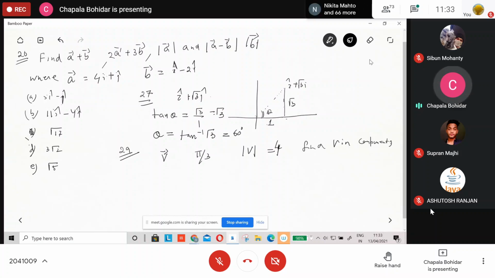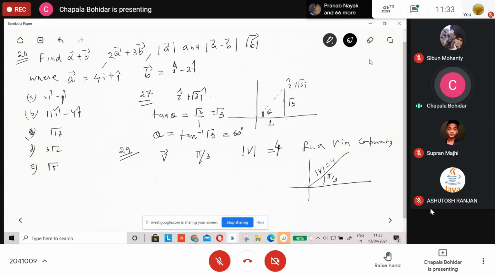This also is a good one. V lies in the first quadrant and makes an angle pi by 3, and the absolute value of V is given as 4.